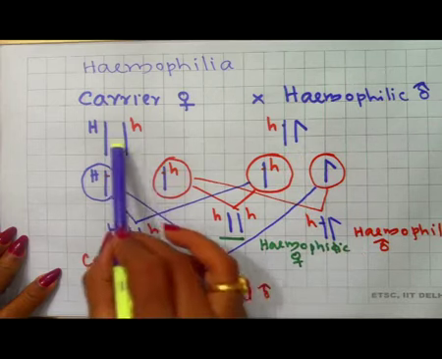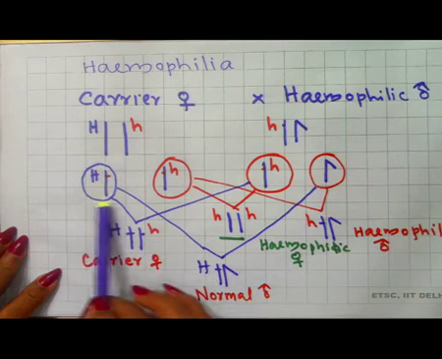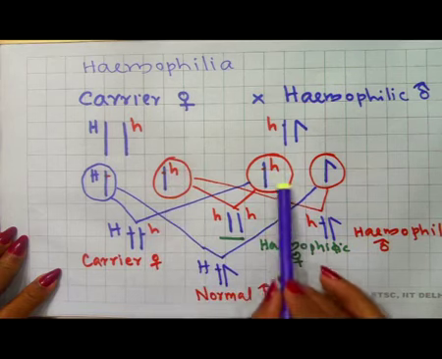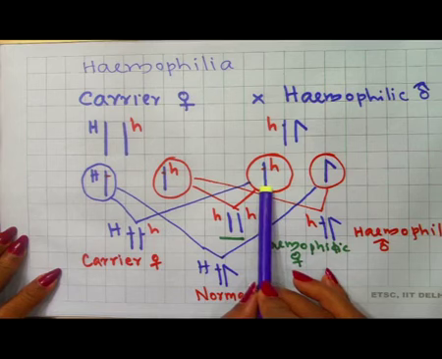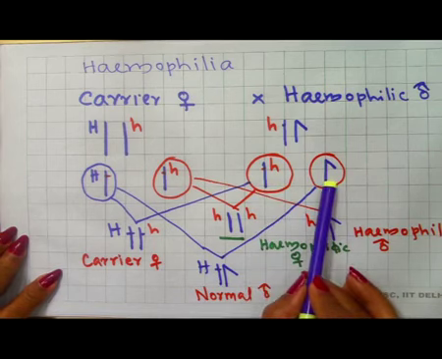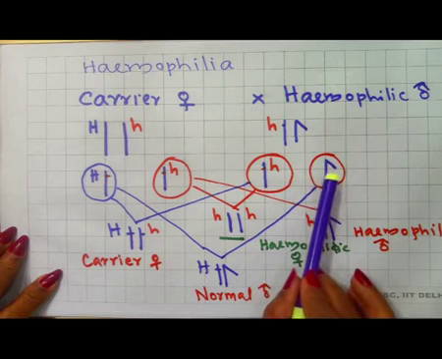Now, here the gametes produced are one with capital H allele and the other with small h allele. Here it is X chromosome with small h allele for hemophilia and Y chromosome without any allele for hemophilia, or even the normal allele for this character.